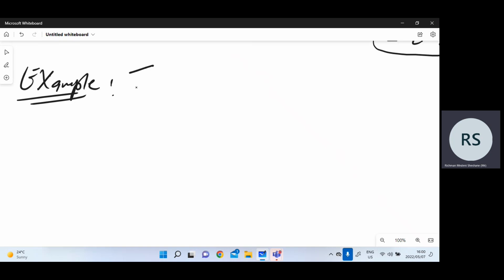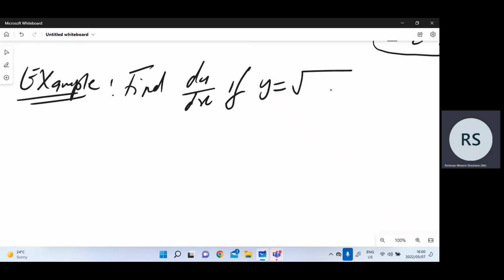We want to find dy/dx if y is equal to the square root of 3x to the power 4 plus 2x.